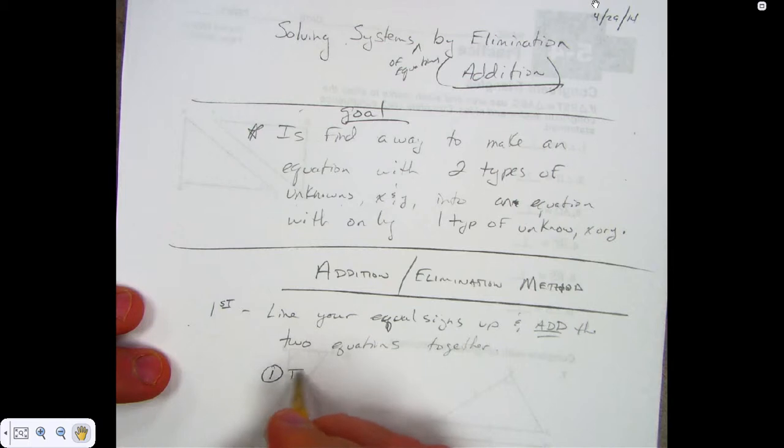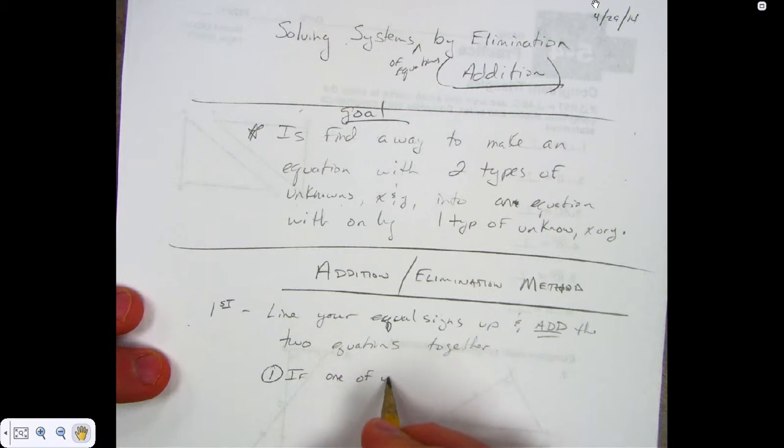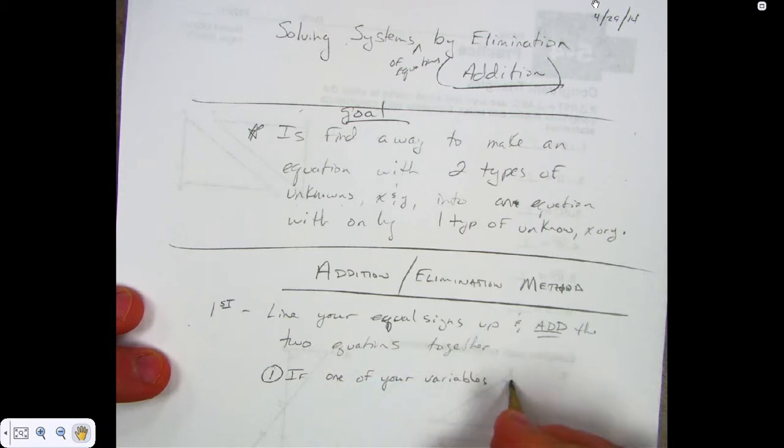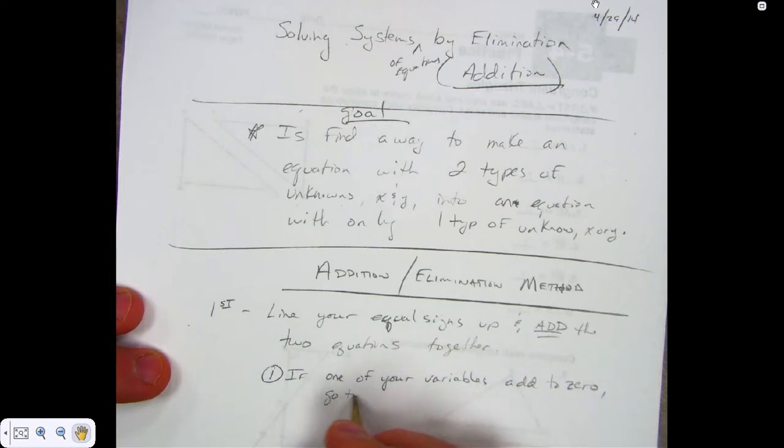One, if one of your variables adds to 0, go to step 3.